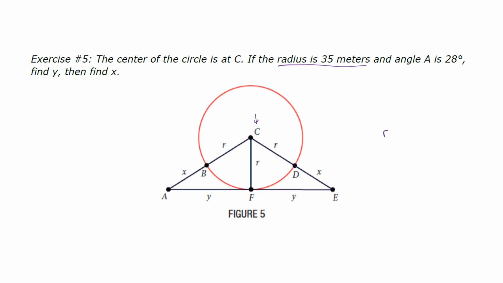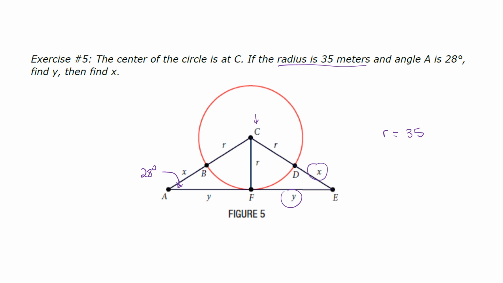So wherever I see R in this image, it's going to equal 35. Angle A, which we know is right here, is 28 degrees. We need to find Y and then find X.